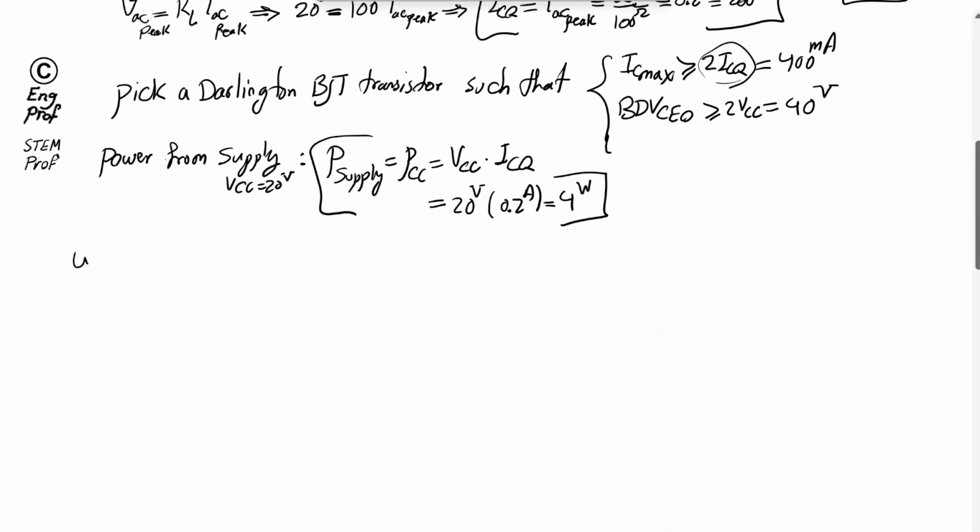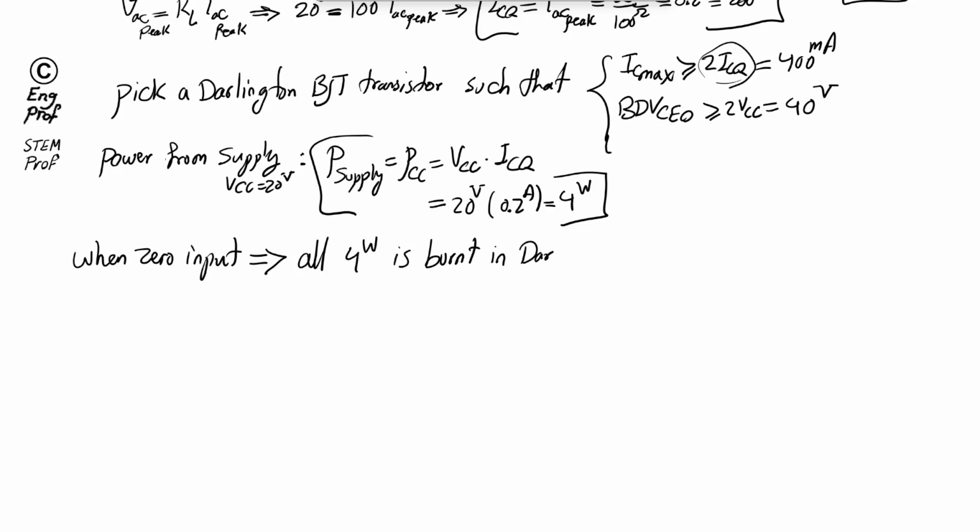So when 0 input, then all 4 watt is burned in the Darlington transistor. Therefore, the transistor should have a P transistor max that is greater than 4 watt in this circuit.